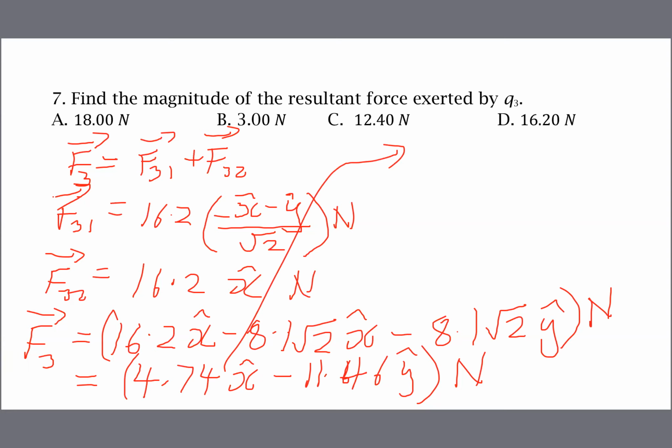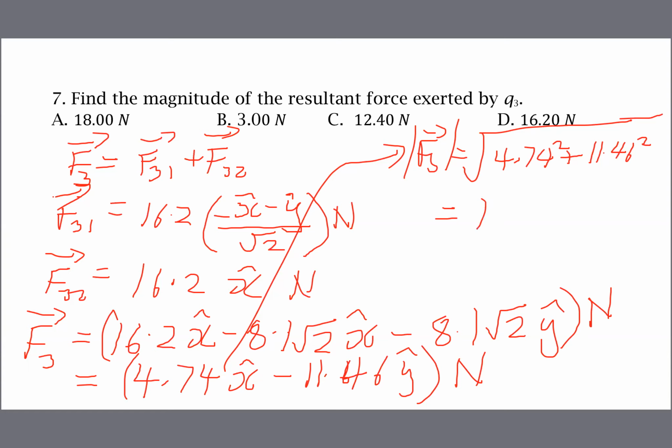The magnitude of F3 will be equal to the square root of 4.74 squared plus 11.46 squared, and that will give us 12.40 newtons, which is option C. This was a very long exercise.